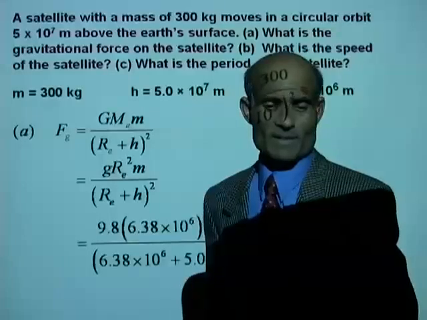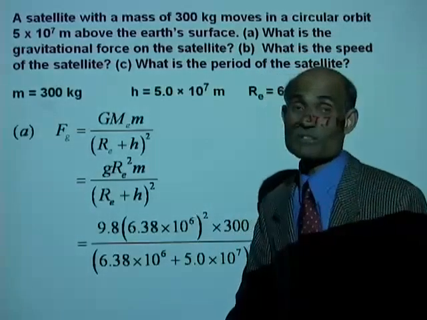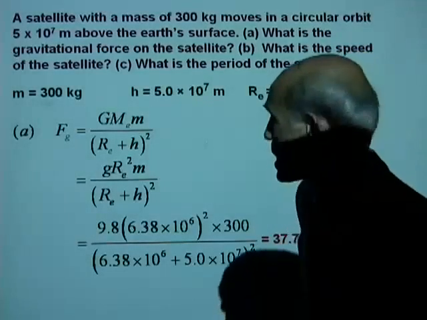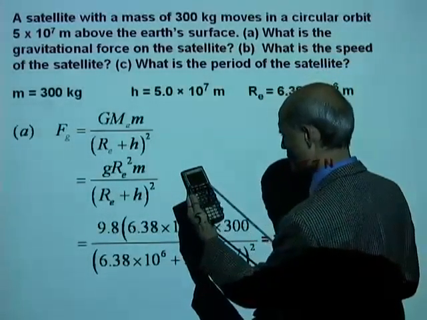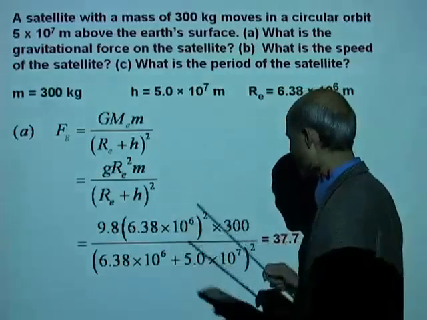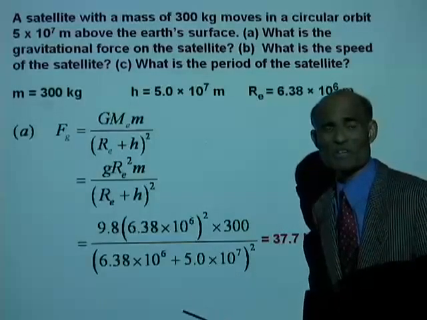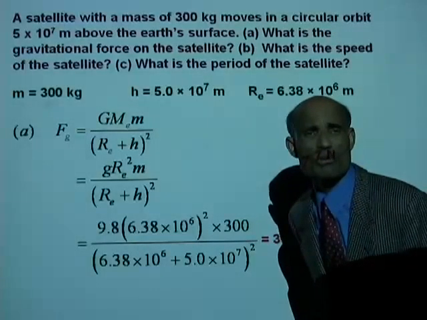0.12549. Is that right? Well, let's check it one more time. Now, you notice that I did not get the right answer. What was the answer I got? The answer I got was 0.12549, but the actual answer is 37.7. Anybody tell me where did I go wrong?